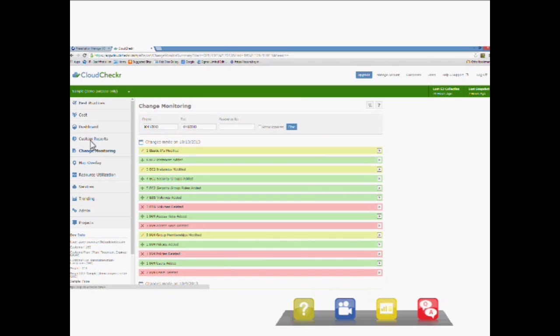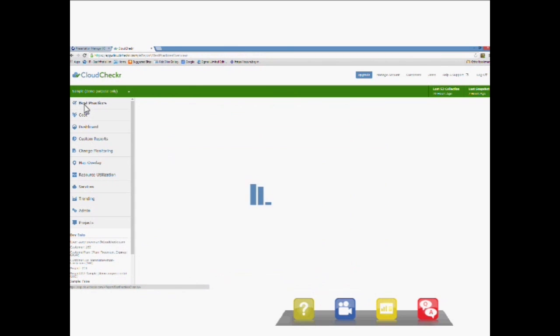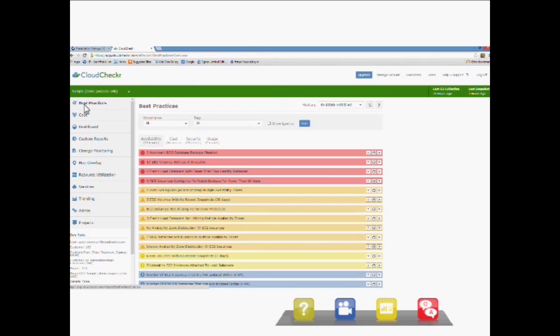Now, best practices. As you're using AWS, it's often hard to keep up with making sure you have every configuration option set properly. So we've put together hundreds of best practices, and these are very traditional things that we had to do in our data center in the past. Now, as we are adopting AWS, we need to start using these same standards. So, we have a best practice around availability.